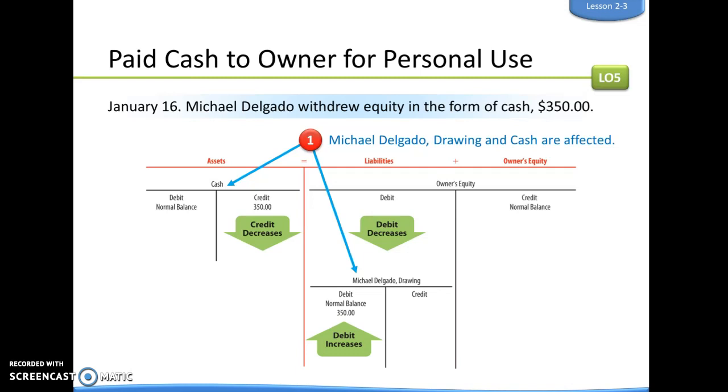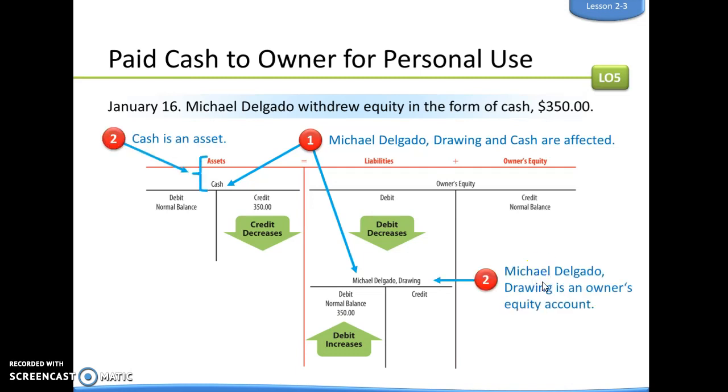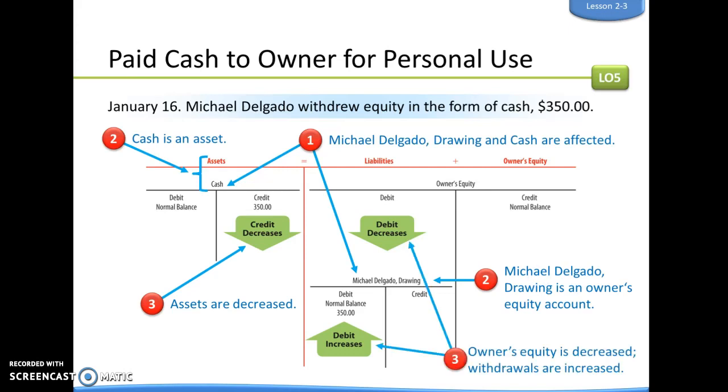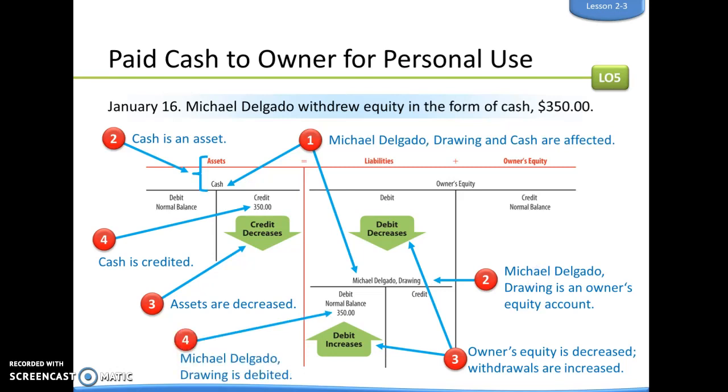So we're going to use cash and Michael Delgado drawing. Cash is an asset. Michael Delgado drawing is an owner's equity account. Assets are decreased. Owner's equity is decreased. Withdrawals are increased. So cash is credited. Michael Delgado drawing is debited.